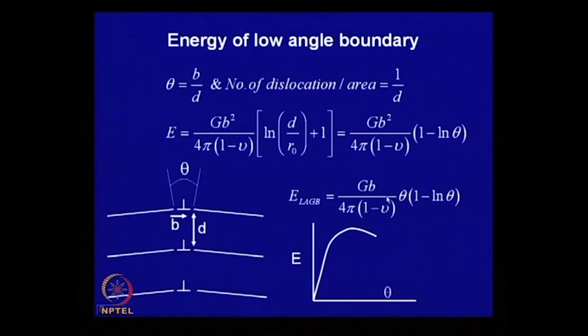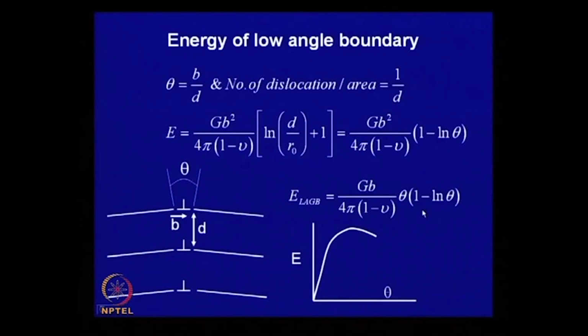If you multiply this, then you get the energy per unit area of this boundary, equal to theta times this. In that case, this will be the boundary energy.